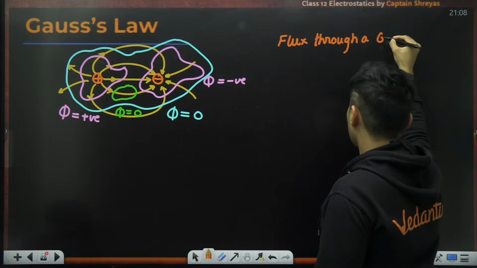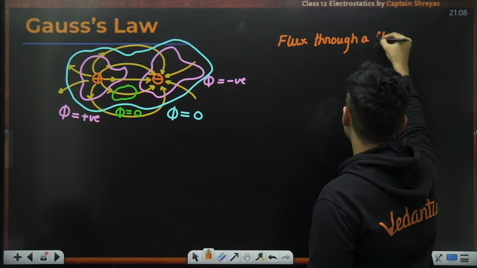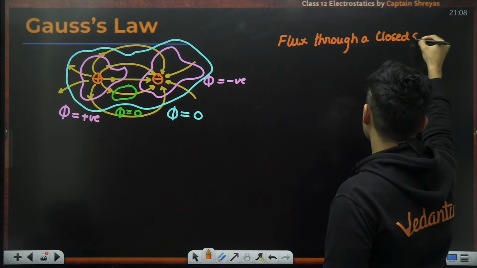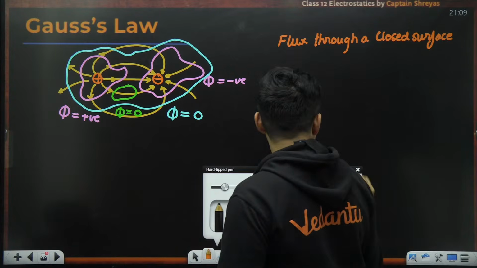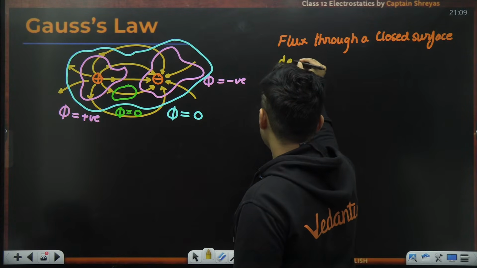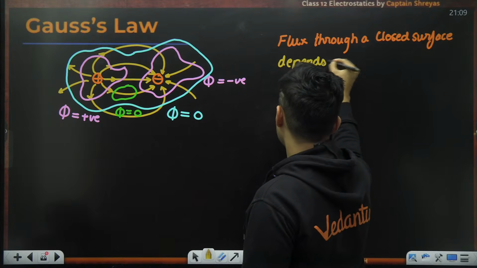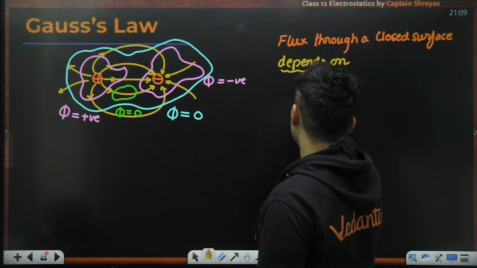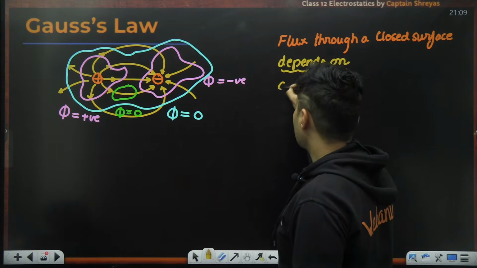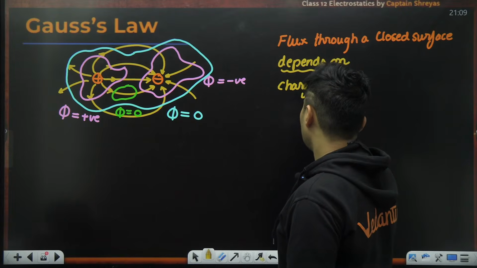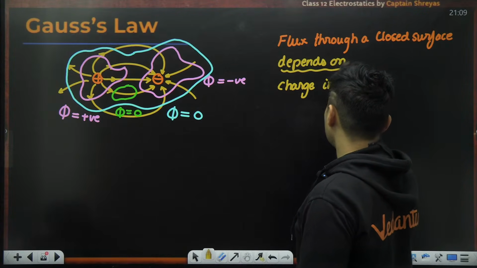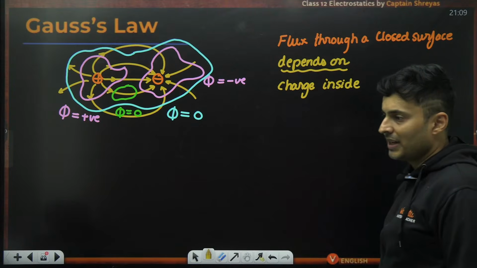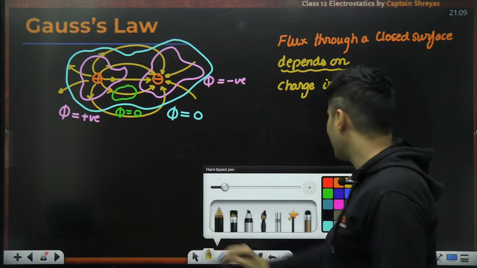From all these observations, it is very clear that the flux through a closed surface depends on what? The charge present inside.